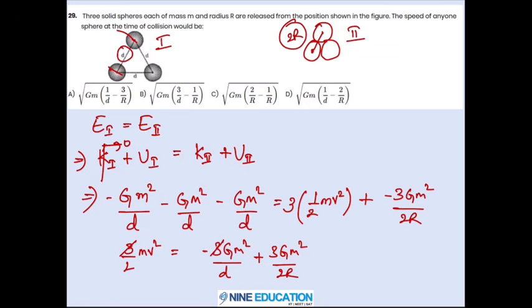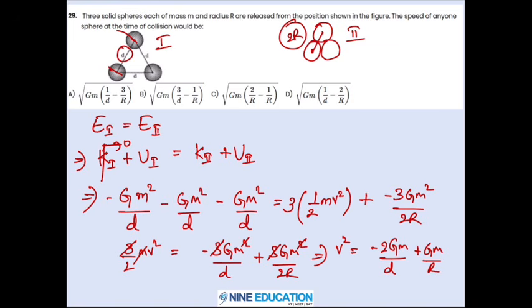So 3 cancels out and m also cancels out. And multiplying 2, you would get v square is equal to minus 2Gm by d plus Gm by r. 2r and 2 gets cancelled out.